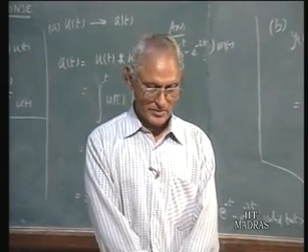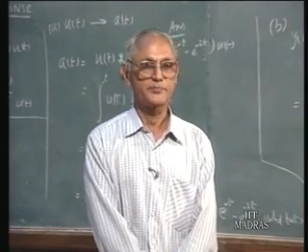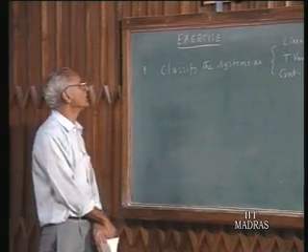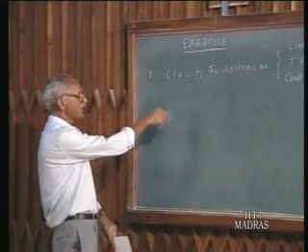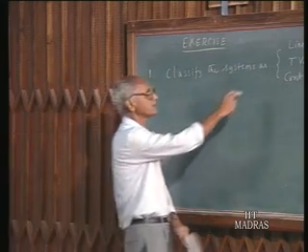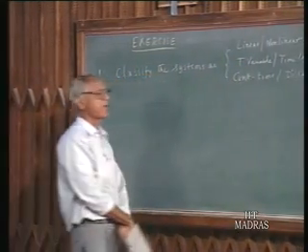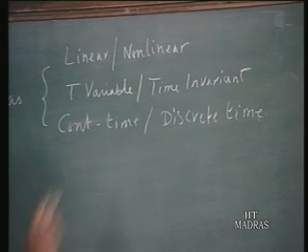Let me now give a set of examples for you to work out in the form of an exercise. First question in the exercise is, classify the systems given by the following equations as linear or nonlinear, time variable or time invariant, continuous time or discrete time.